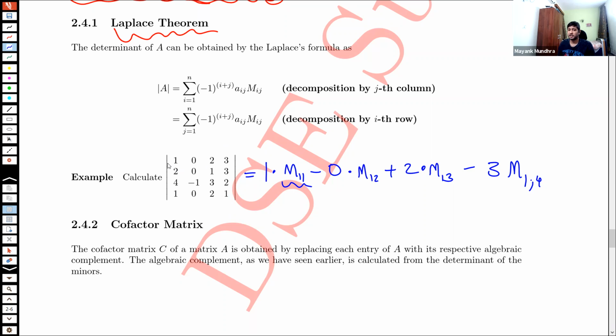Now Laplace did not restrict it to just being used with respect to the first row. He gave a complete rule which is defined here, which you can start with any row or any column. But my point is, why remember this rule? Suppose you want to calculate the determinant of this matrix A. So this will be equal to negative times the determinant of the matrix 0 0 minus 1 0, 1 2 4 1, 2 1 3 2 and 3 3 2 1.